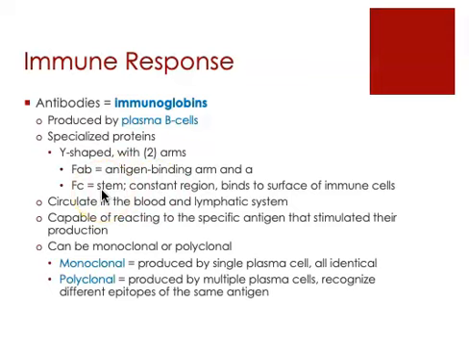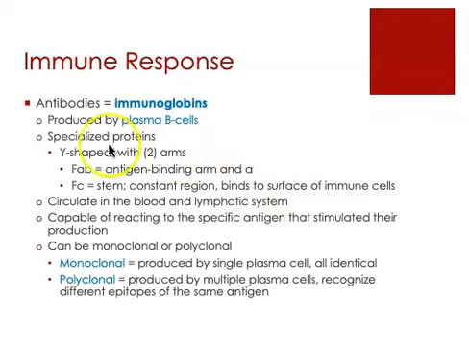And that's to allow those antibodies to stick to the surface of certain immune cells, just as we saw in the last video when we could see antibodies stuck to the surface of a memory cell.